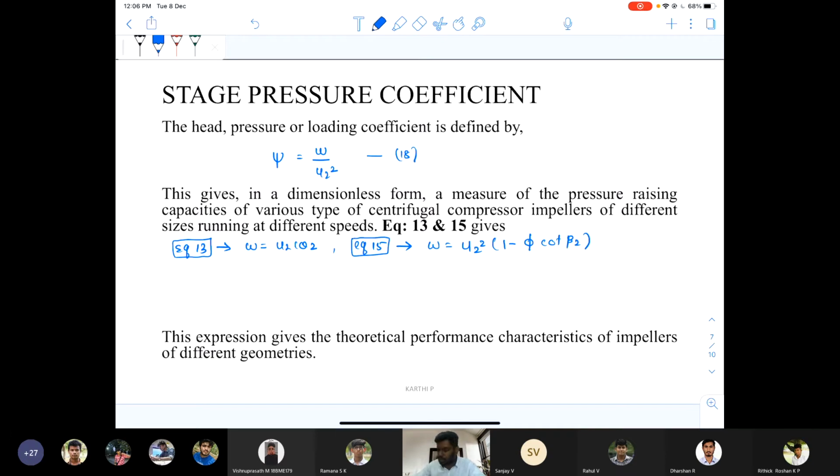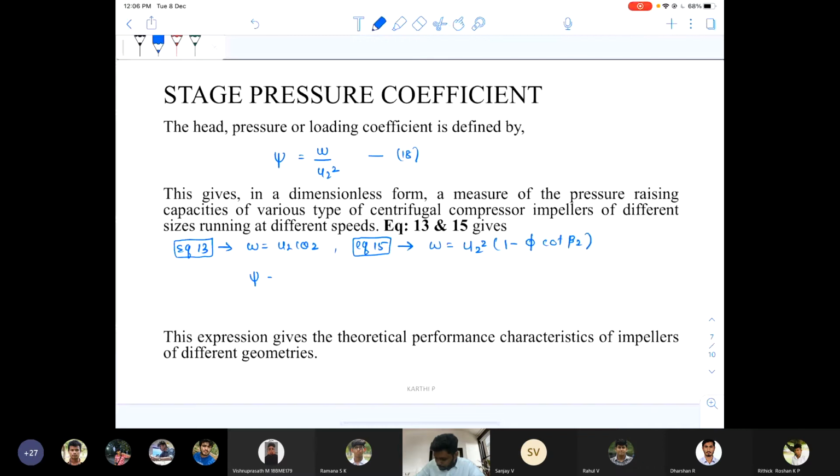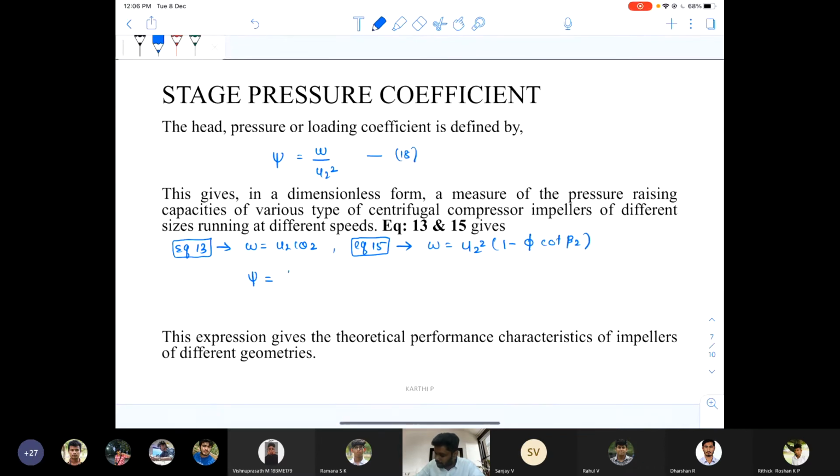Okay, and from these two equations you can get a value of pressure coefficient as psi is equal to, if you substitute equation number 13, U2 C theta 2 divided by U2 square, and you will be getting C theta 2 divided by U2.